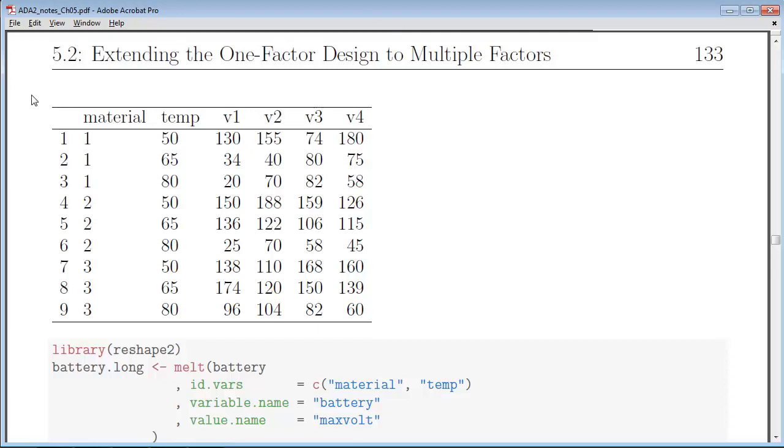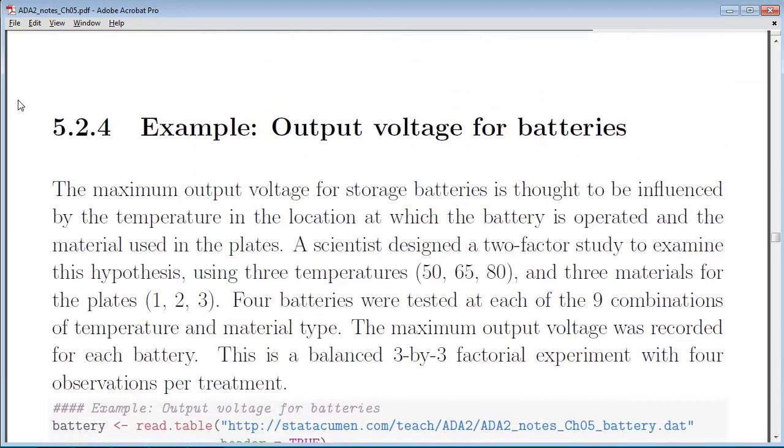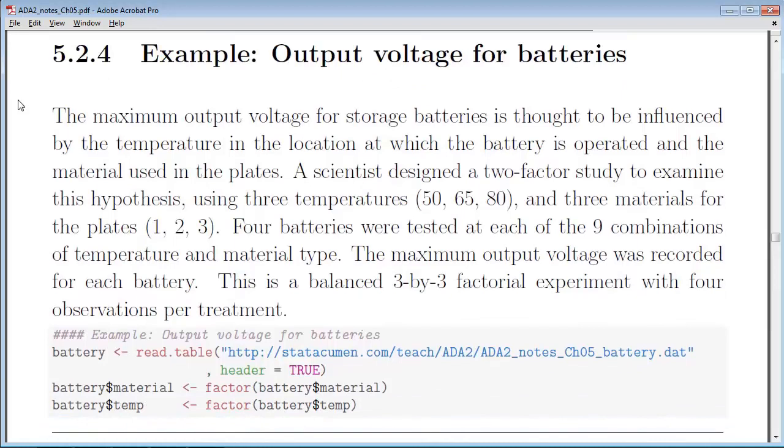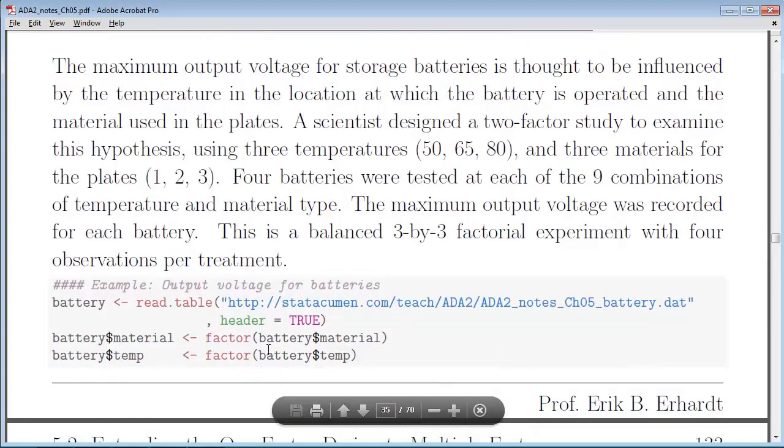All right, so let me scroll up and see if I got that all. Yes. All right, so we're going to read this data from the website, and because we've got numeric variables, we have to manually convert materials and temperature to factor variables for this analysis. Otherwise, the regression model will actually treat these as continuous numbers, 1, 2, and 3, where 3 is 2 units away from 1.